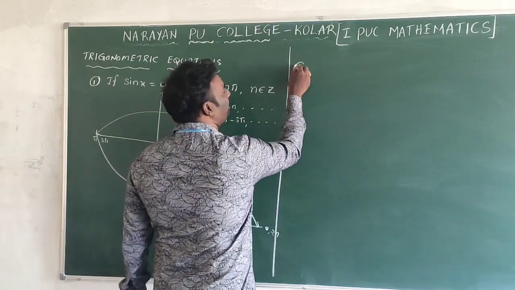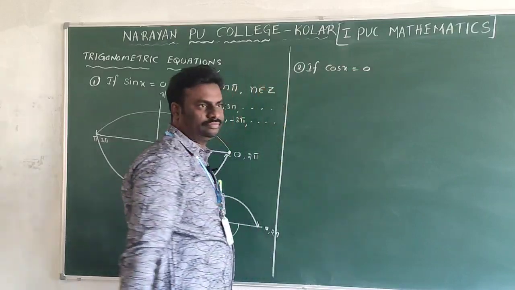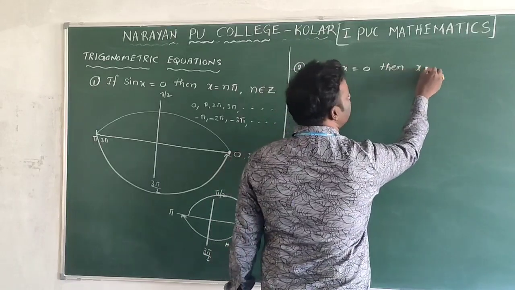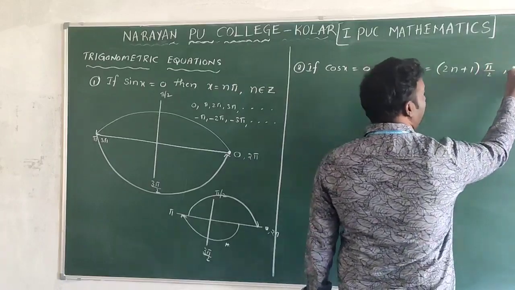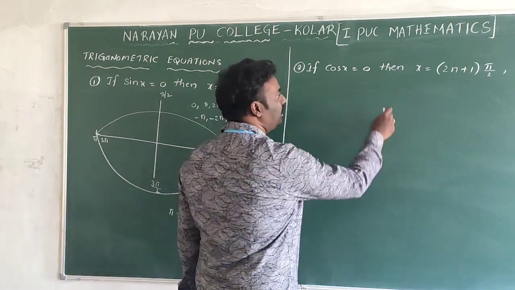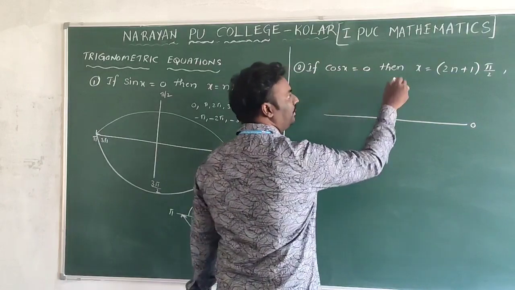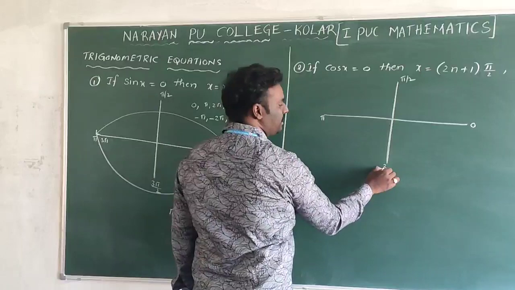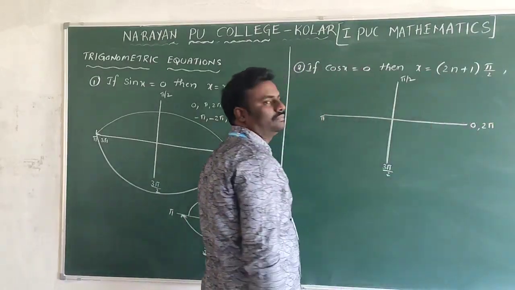Similarly, the second one: if cos x is equal to 0, then the general solution is x is equal to (2n plus 1) into pi by 2, where n belongs to Z. Here also it is the same. If you take this is 0, this is pi by 2, this is pi, this is 3 pi by 2, and this is 2 pi, like this.